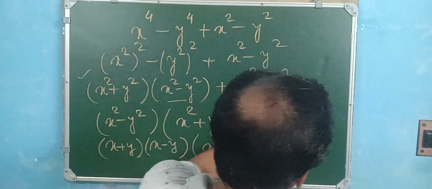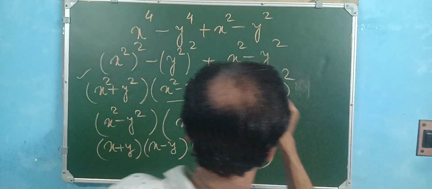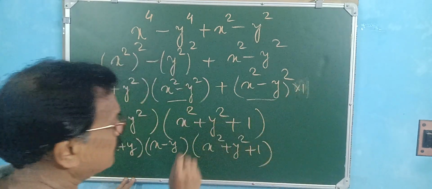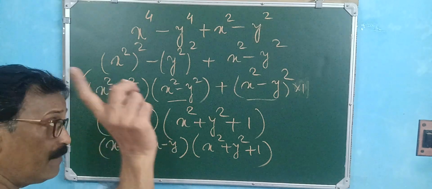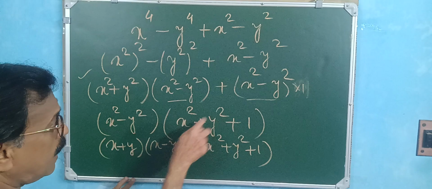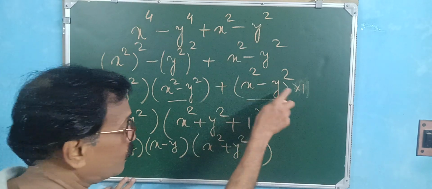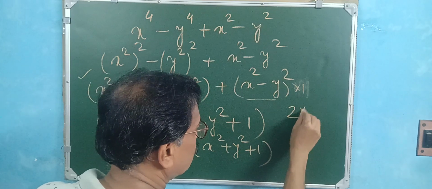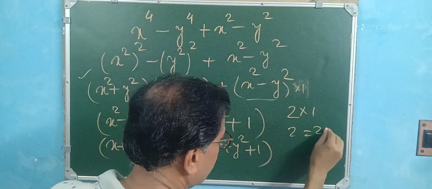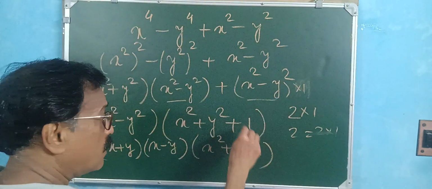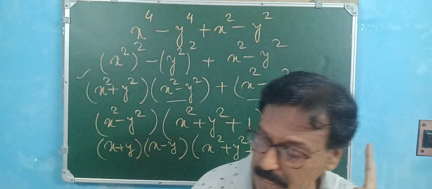In calculation, you write 1. Just like 2 is equal to 2 into 1, if the term is coming out, 1 is left. So you write 1 here. Very important calculation here, remember.